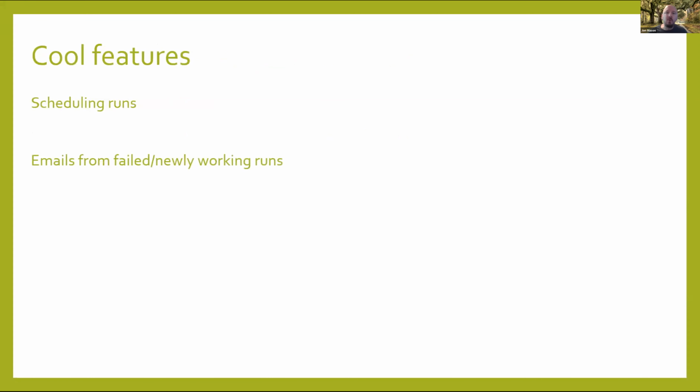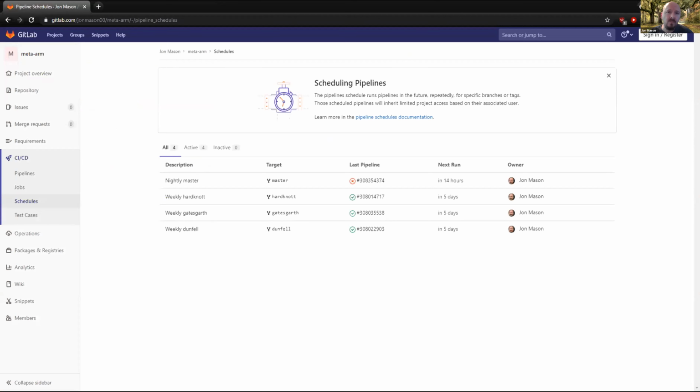So what other cool features are there in GitLab CI? You can schedule runs, and it will email you when things fail and when things start working again. It doesn't email you saying, oh, it's still working. It'll tell you when it failed and when it works again.